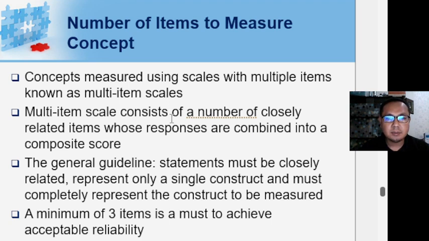Concepts measured using a scale with multiple items are known as multi-item scales. A multi-item scale consists of a number of closely related items whose responses are combined into a composite score. In general, statements must be closely related and represent only a single construct.